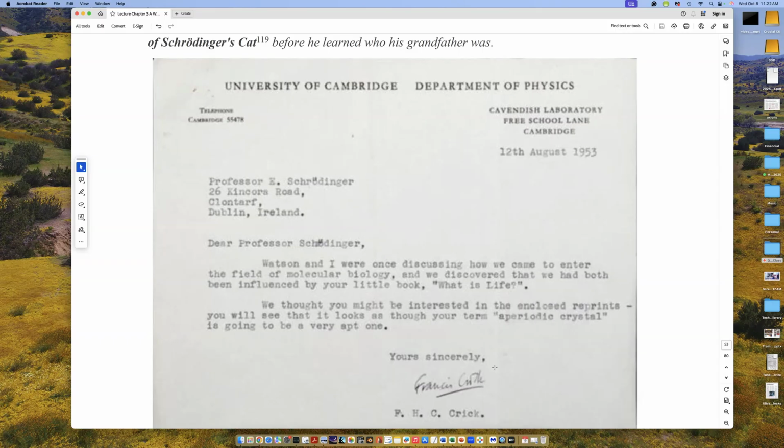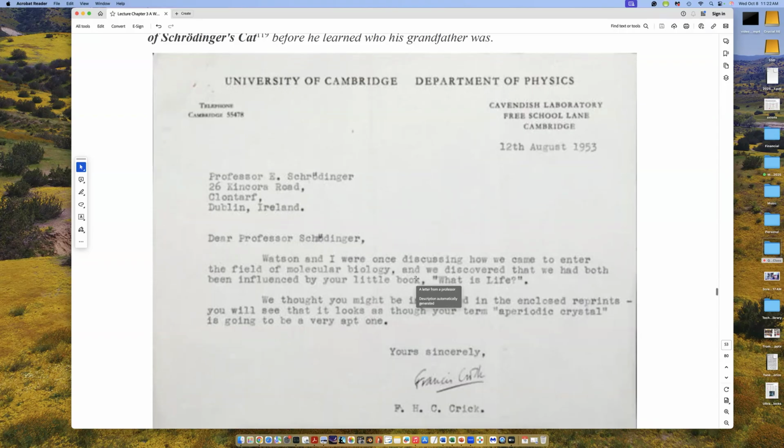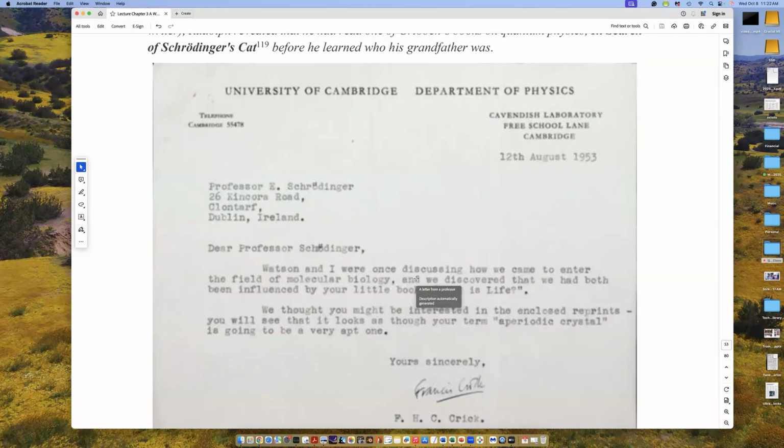And here's a letter from Francis Crick in 1953, just before Crick and Watson won the Nobel Prize for their understanding of DNA, thanking Schrödinger for his insight into the structure that must exist in cells where, right here, Schrödinger had predicted there should be some nearly periodic crystal that forms the repository of information that is conveyed from parents to child.